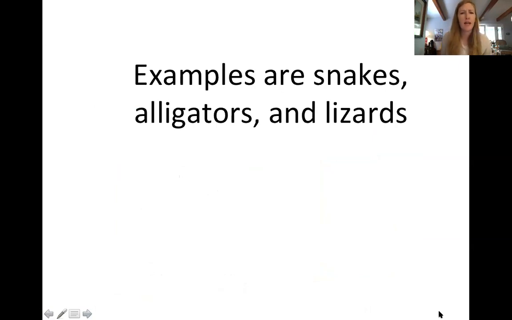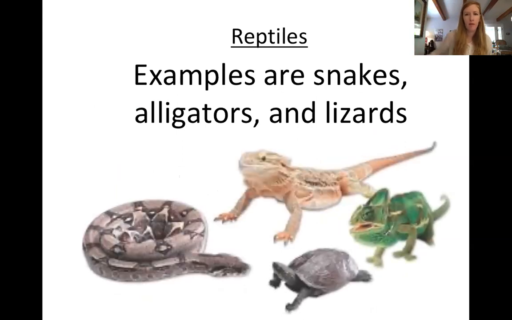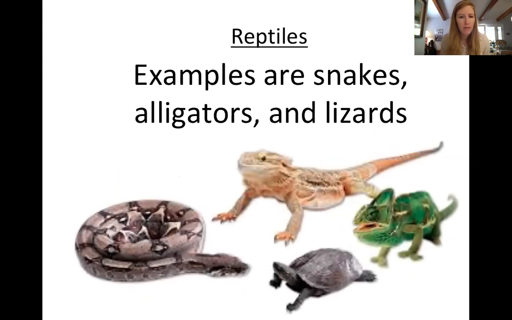Okay, examples are snakes, alligators, and lizards. Are those reptiles or amphibians? Reptiles. And here's some more pictures of reptiles. There's a snake, an iguana, a chameleon, a turtle.